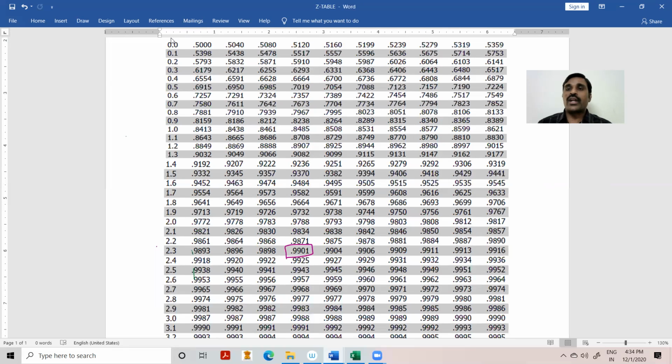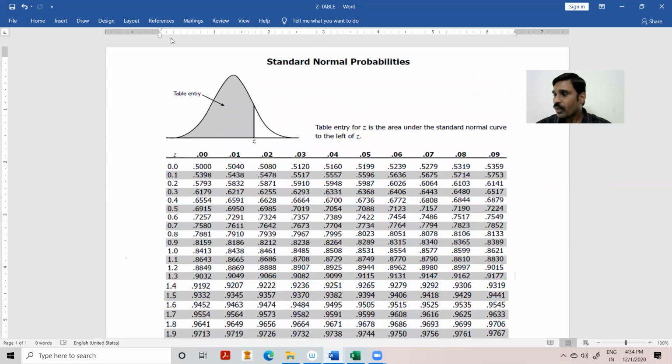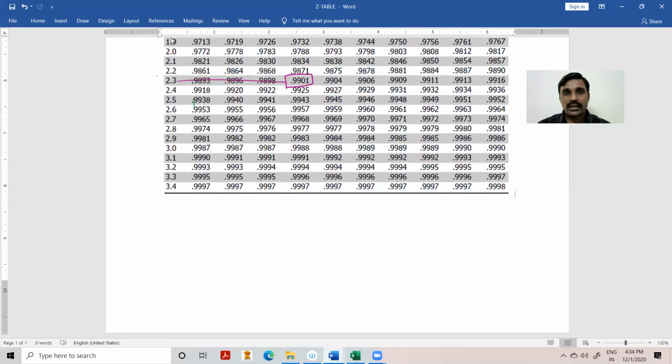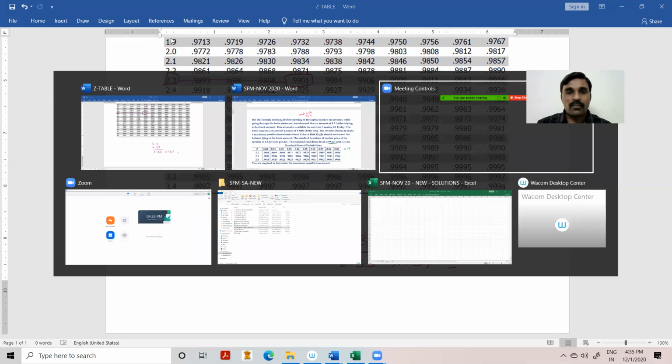That is the closest figure to 99%. So where that figure is standing, 2.3 and above it 0.03. So 2.3 plus 0.03 means 2.33, 2.33 into 1.5%.